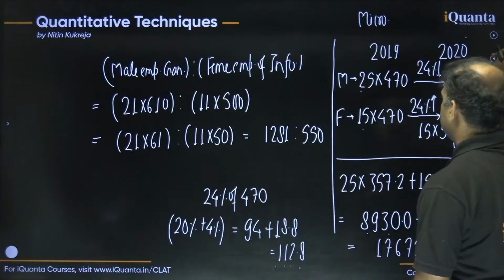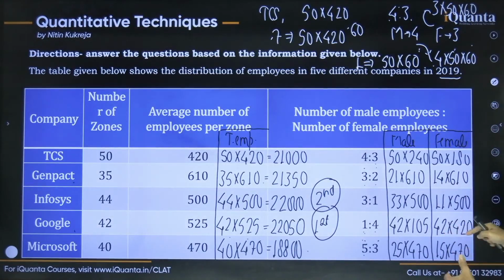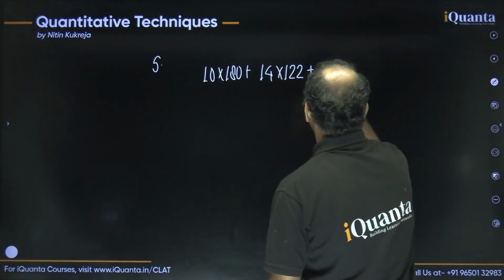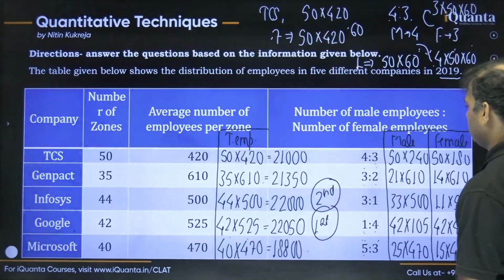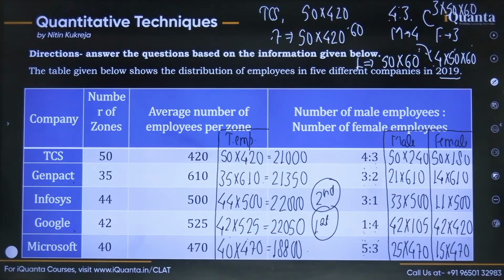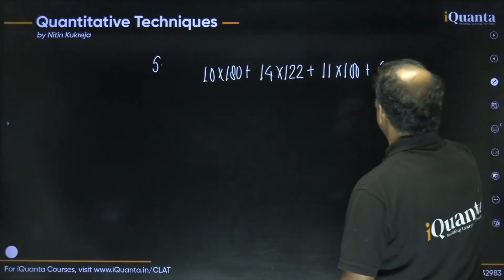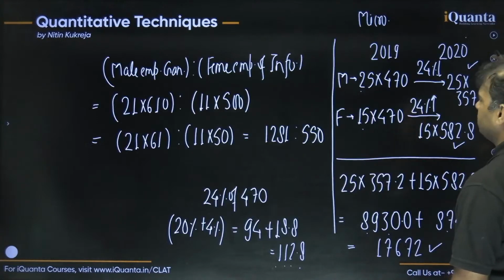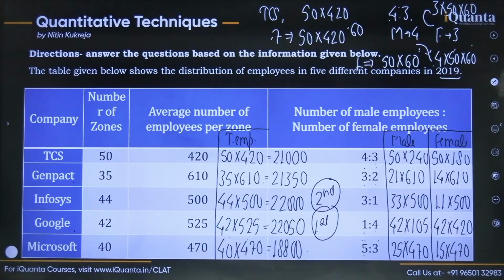Fine, the next one is 11 into 500. 500 divided by 5 is 100, so this should be 11 into 100, all right? Next is 48 into 420, dividing 420 by 5 should be 84, so 42 into 84, right? Okay, the last one is 50 into 470, dividing by 5 is 3 into 470, right?